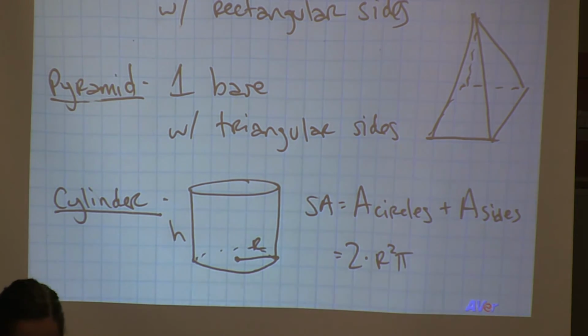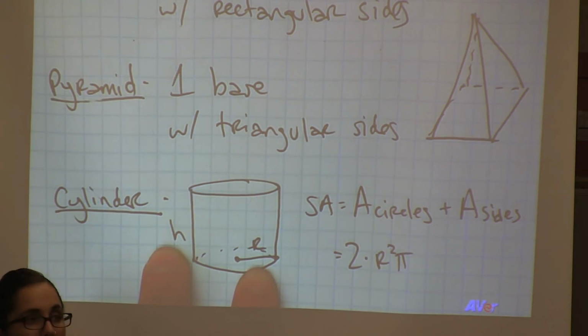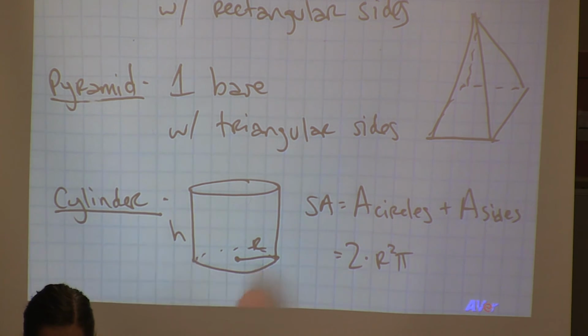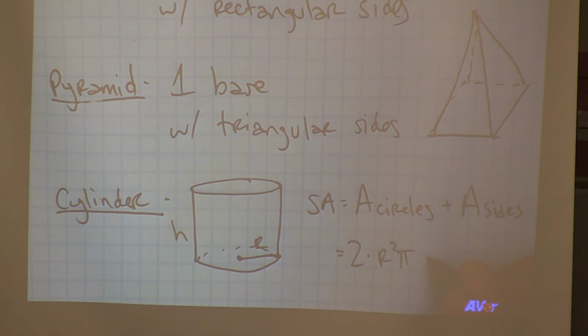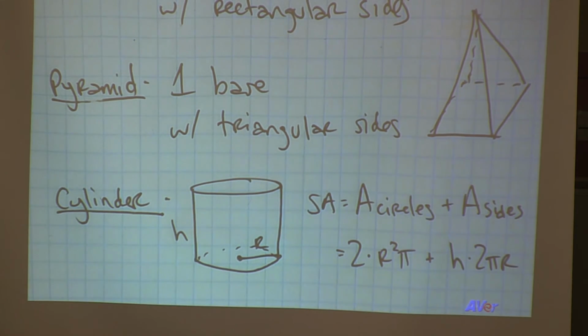Notice I'm adding the r and the h for the radius and the height of the cylinder. The area of this side piece, and we're going to continue to look at that, is going to be the height times 2 pi r. We'll talk more about that formula in a bit.